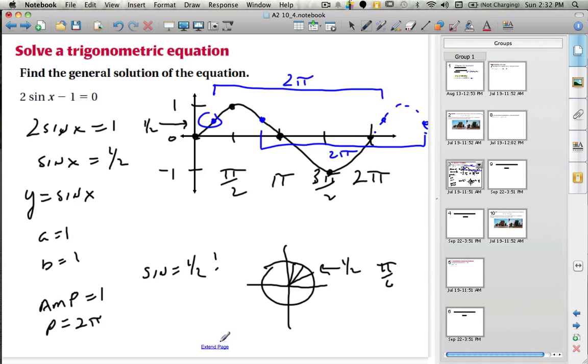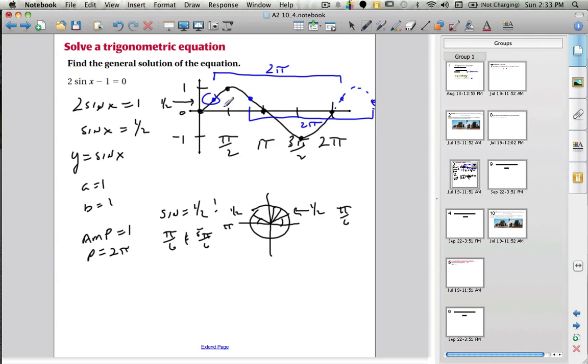I'm also going to look over here, because this is the other spot where y is 1/2. This is 30 degrees up from here, or pi over 6 up from here. This is pi over 6 back from pi. So sine is 1/2 at both pi over 6 and at 5 pi over 6.